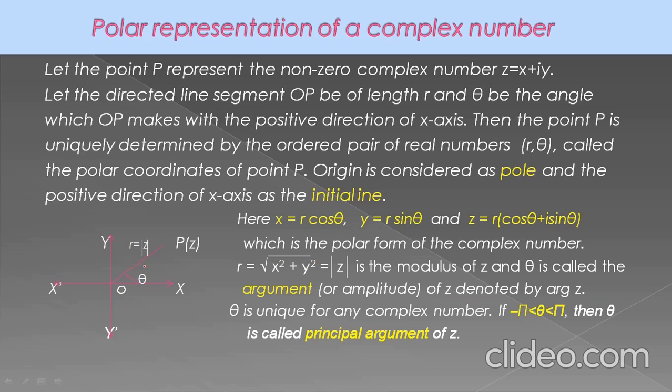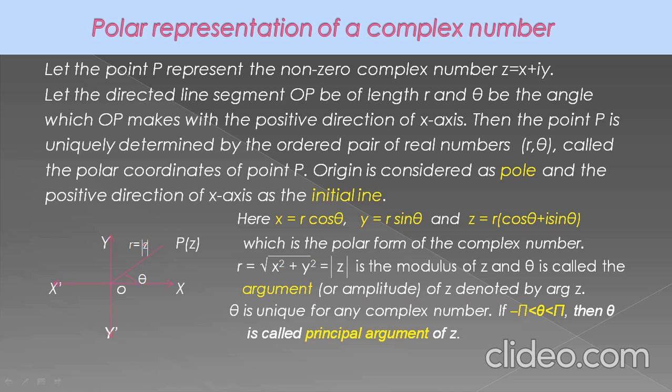Let OP make an angle theta with the positive direction of the x-axis. Then the polar coordinates of P will be given by (r, theta), where r is the distance OP and theta is the angle which OP makes with the positive direction of the x-axis. Here the origin O is called the pole and the positive direction of the x-axis is the initial line.